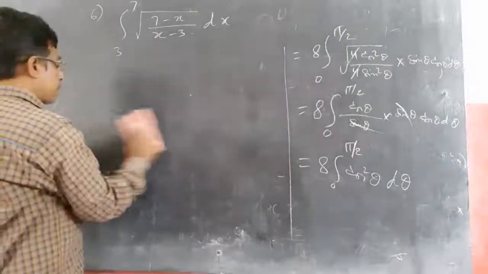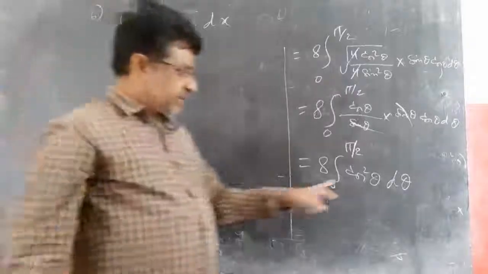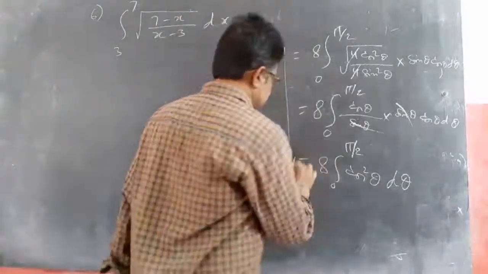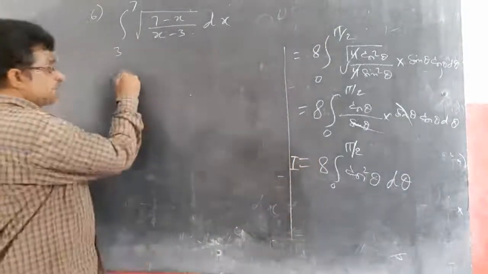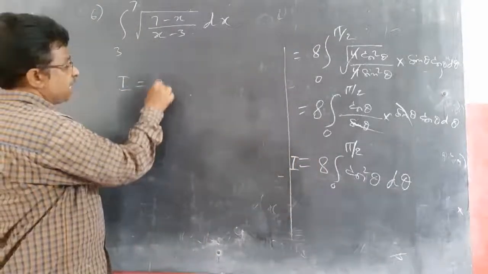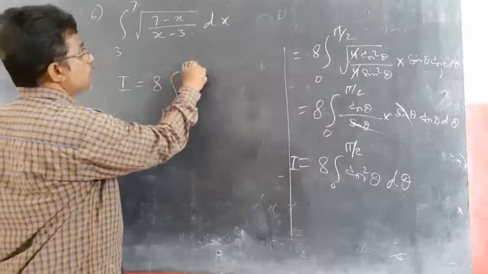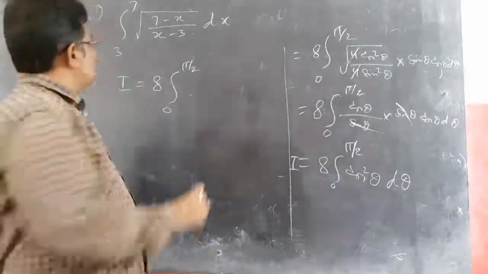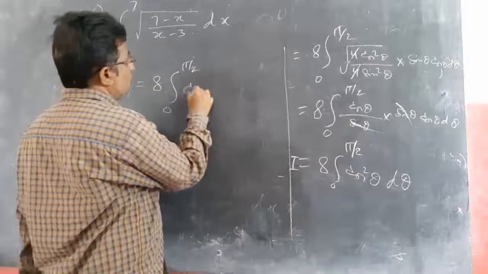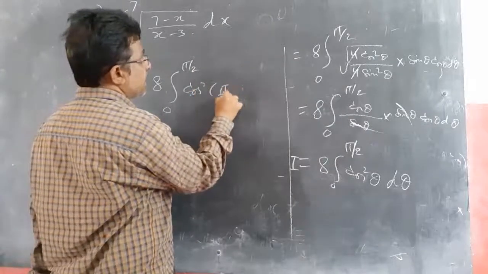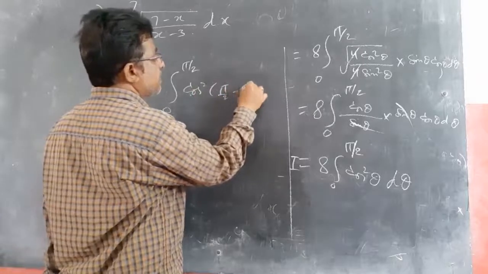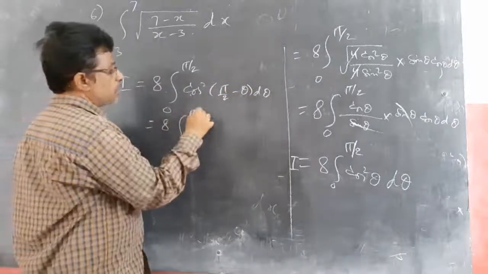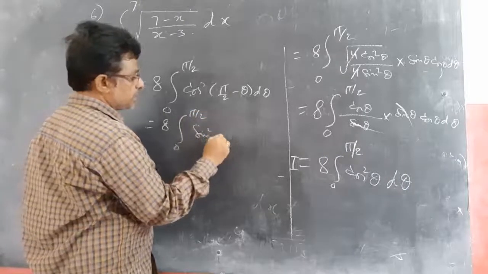So I is equal to 8 into 0 to pi by 2 cos square of (pi by 2 minus theta) d theta. So this becomes 8 into 0 to pi by 2 sin square theta d theta.